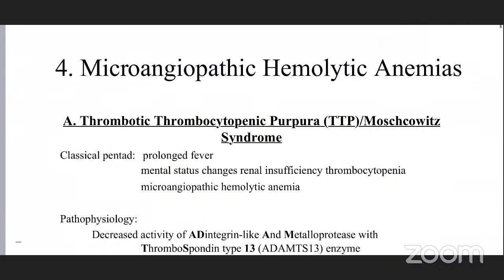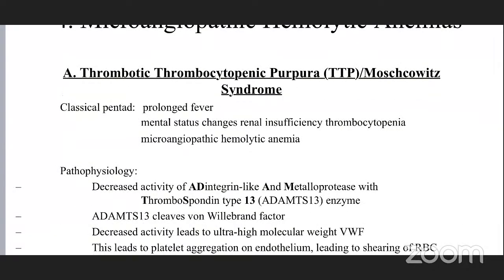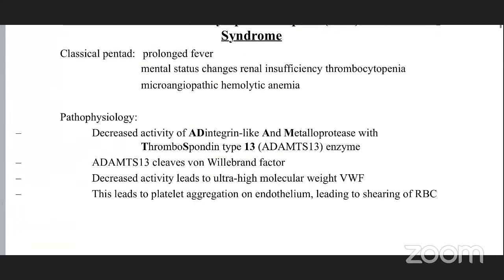Okay, we'll go to TTP, which is called thrombotic thrombocytopenic purpura. Usually there is a classical pentad definition for TTP. Usually patients have fever, mental status change, renal insufficiency, thrombocytopenia, and microangiopathic hemolytic anemia, what is called MAHA. So if you have these five clinical criteria, then we can say this patient has TTP.